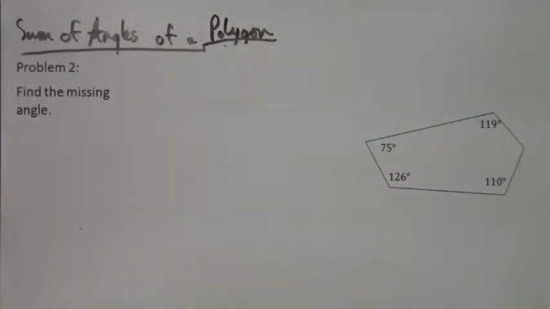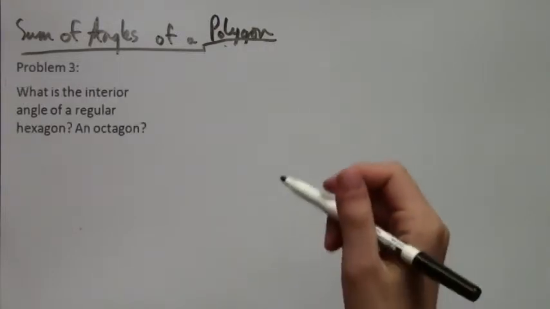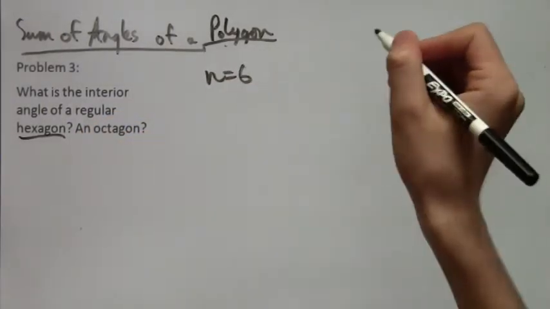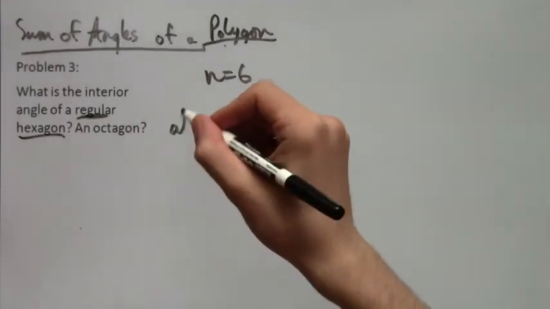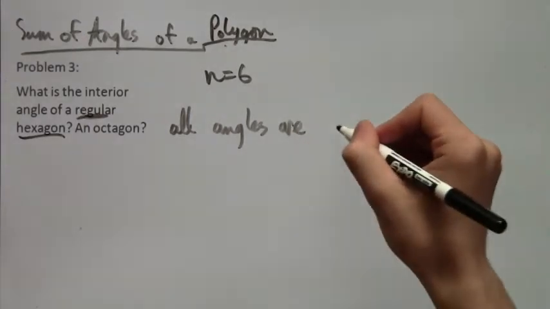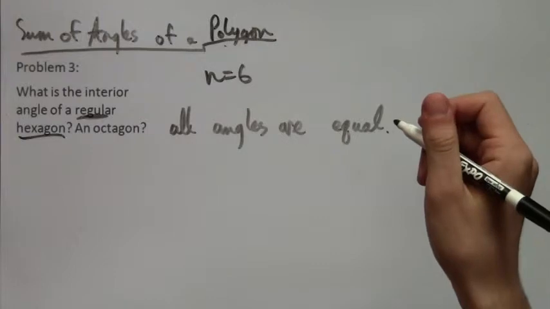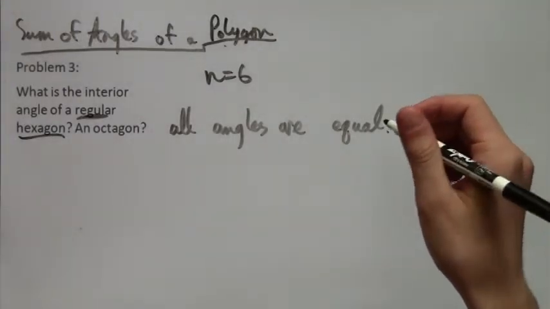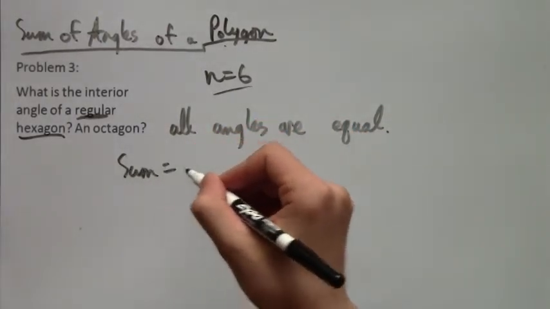In these last 2 examples, we had relatively small n. We had a quadrilateral with 4 sides, a pentagon with 5. But now we're going to do some larger polygons. This one has n equals 6. It's a hexagon. It's got 6 sides. The point is, it's a regular hexagon, so all the angles are equal, and there's 6 of them.